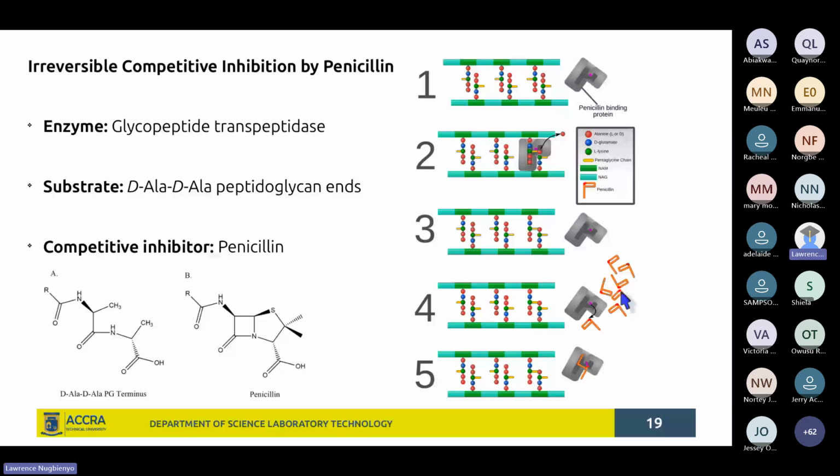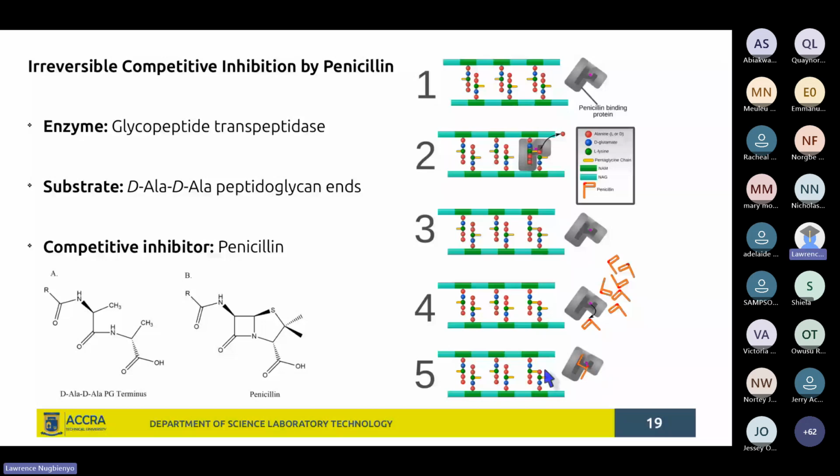But interestingly, just in the presence of the enzyme, the penicillin molecule opens up and fits into the active site of the enzyme. And once it fits into the active site, it blocks the enzyme. And once the enzyme is blocked, it cannot carry out that biosynthetic reaction.